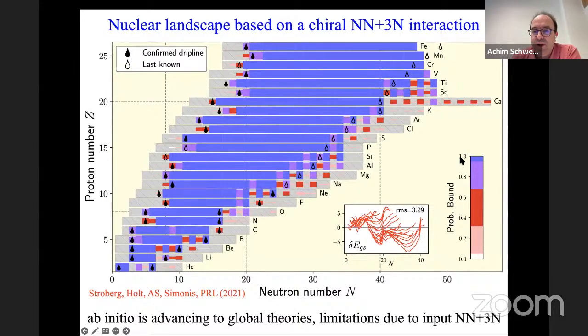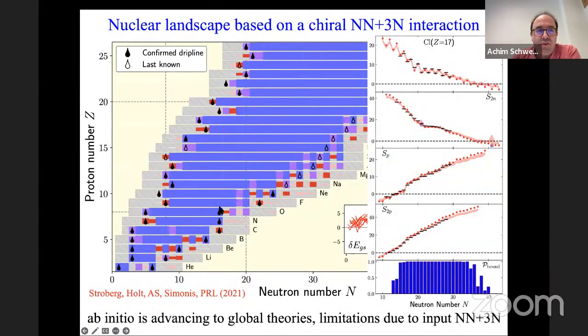Particle bound nuclei means blue. You can see that this agrees very well with the proton drip line, which has been confirmed experimentally. So these chiral interactions predict not just the overall features, but also quantitatively the nuclear landscape. The same is true over here where the neutron drip line is known.